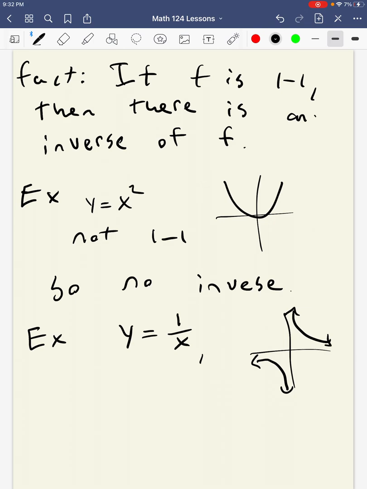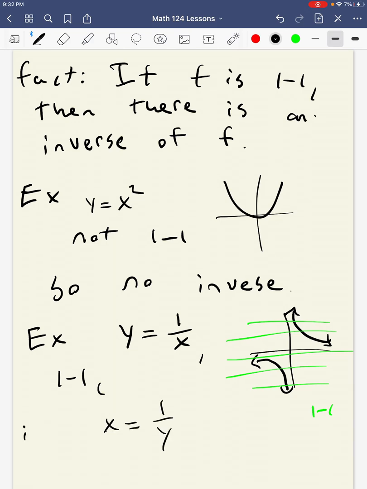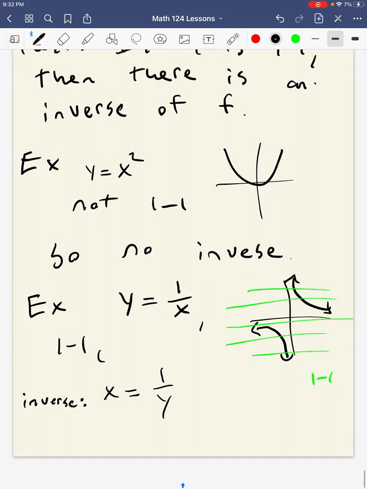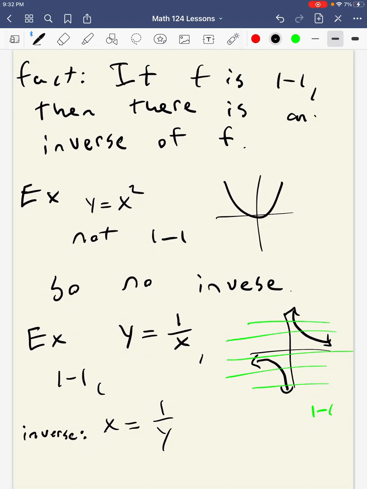Right, so no matter what horizontal line we draw here, the horizontal line will only touch the graph once. It's 1 to 1. And so since it's 1 to 1, we could find the inverse by just swapping the x and the y. Right, so this is the inverse. Just swapped the x and the y.